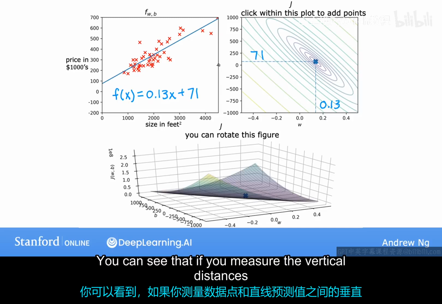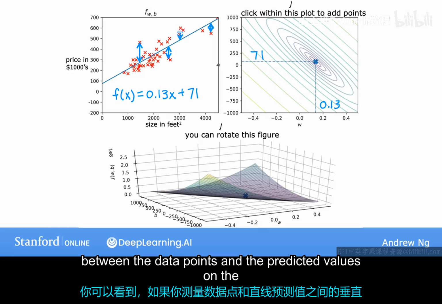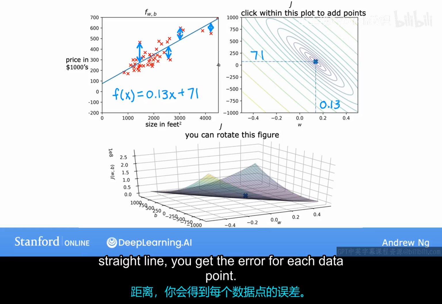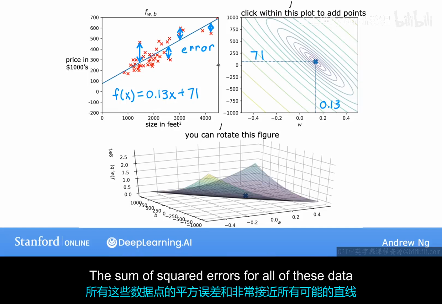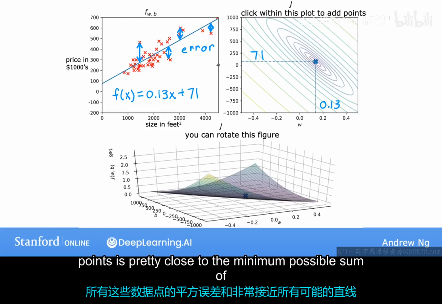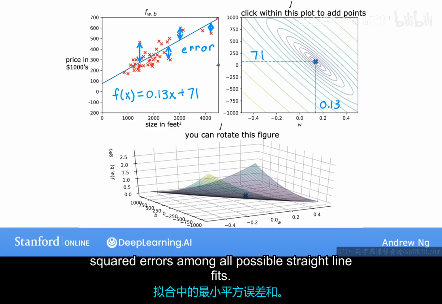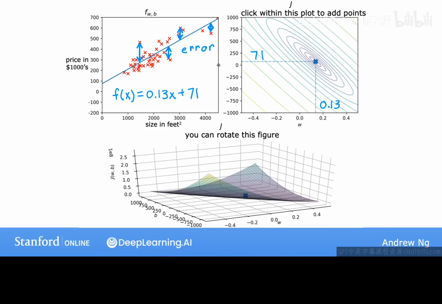You can see that if you measure the vertical distances between the data points and the predicted values on the straight line, you get the error for each data point. The sum of squared errors for all of these data points is pretty close to the minimum possible sum of squared errors among all possible straight line fits.